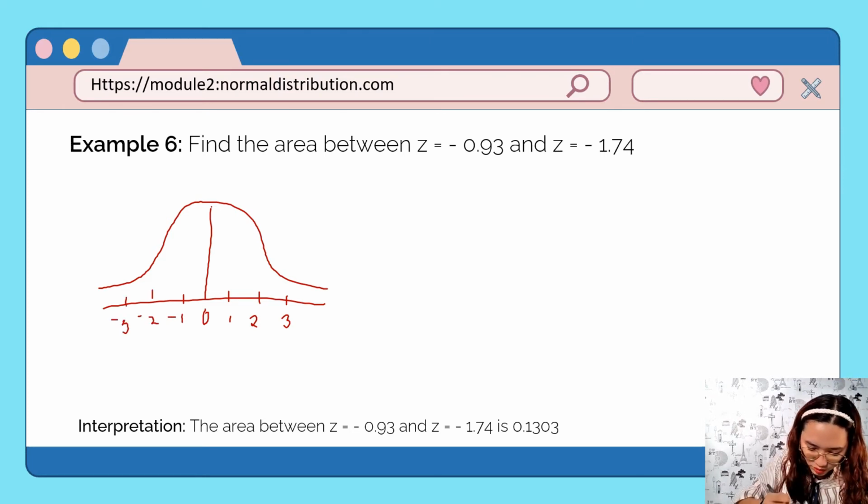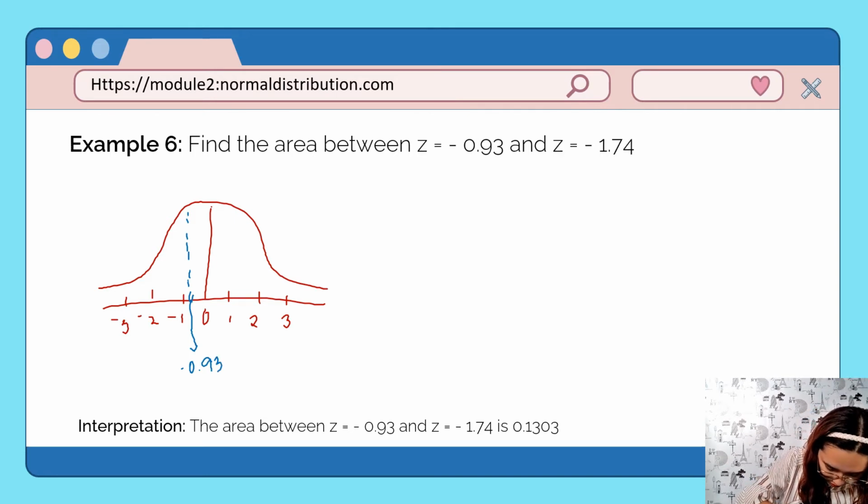So yung negative 0.93 natin is mga banda dito siya, bago mag-negative 1. Tingnan natin dito banda. Ayan. This is negative 0.93. At yung next naman is negative 1.74. So, bago mag-negative 2 yan. Let's say dito banda. Negative 1.74. Ayan. So, ang hinahanap po natin ay yung area dito sa gitna po nila.